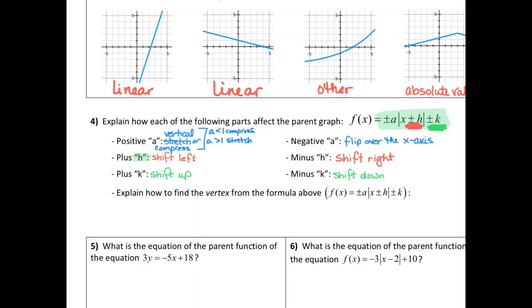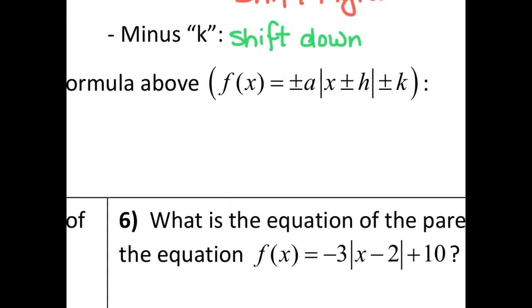And if you take that transformation formula where there could be a number multiplied in front of the absolute value, you could have a number added or subtracted inside the absolute value, and you could have a number multiplied or added or subtracted outside the absolute value.